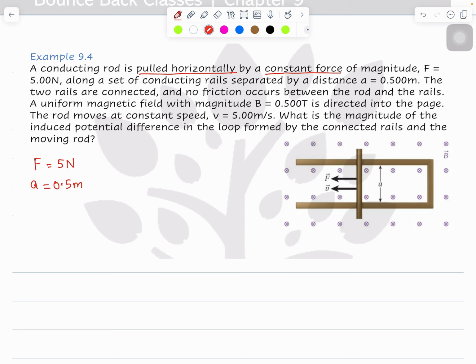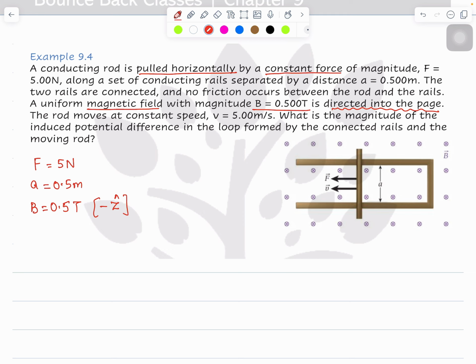A uniform magnetic field, value B is equal to 0.5 Tesla, is directed into the page. So the direction is the negative z axis.